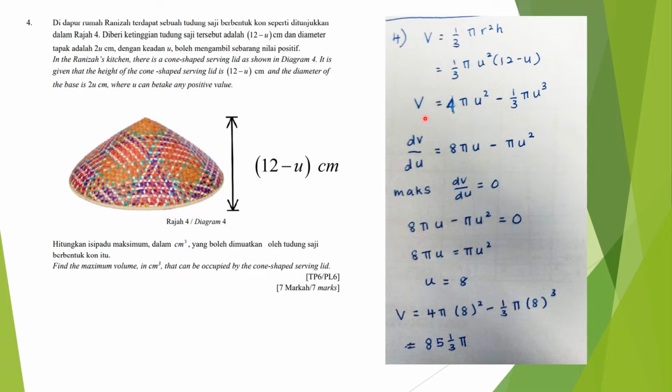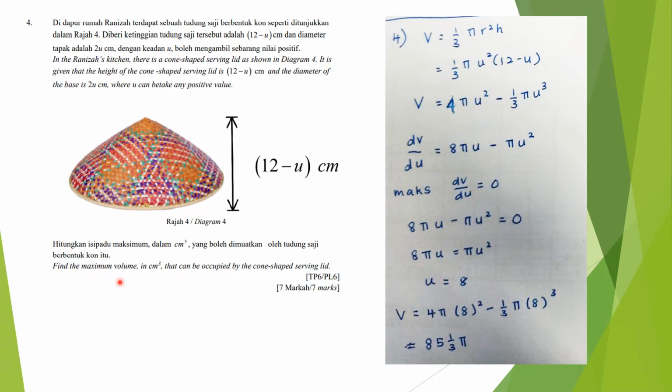So from here, we simplify. We just want to open the bracket. So 1/3 times 12 becomes 4 pi u square. Then 1 over 3 pi u square times with u becomes 1 over 3 pi u cube. So this is our V. So the question they're asking for maximum volume.